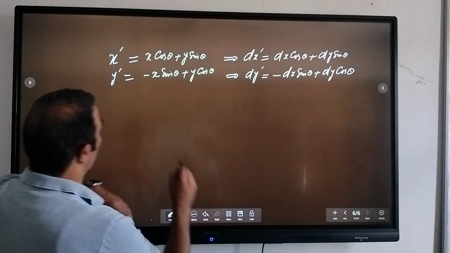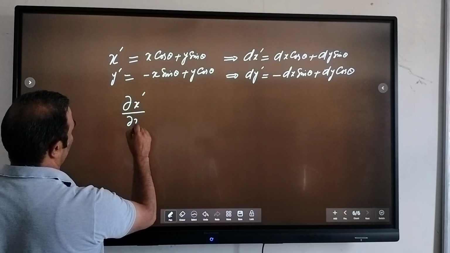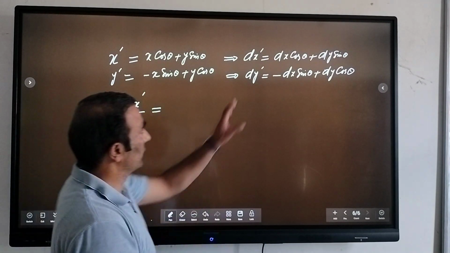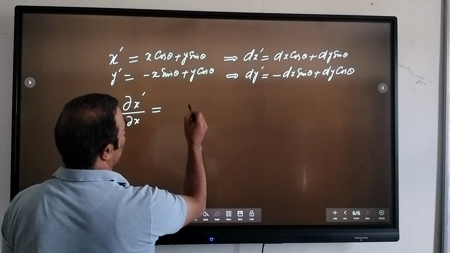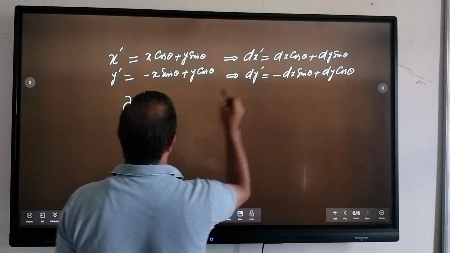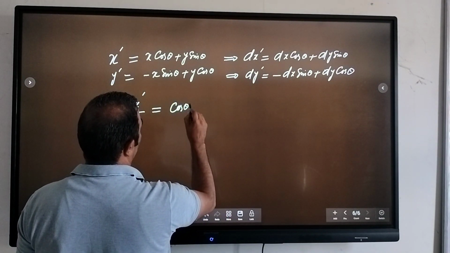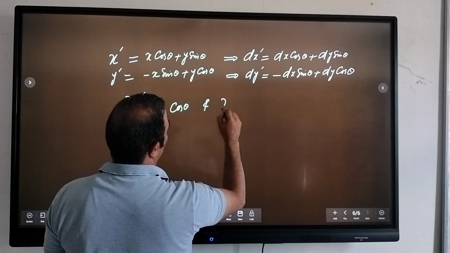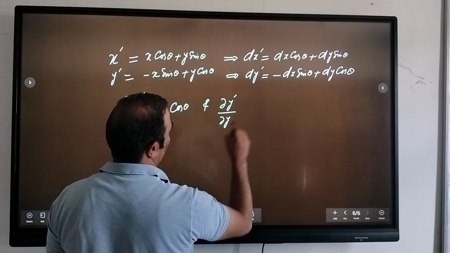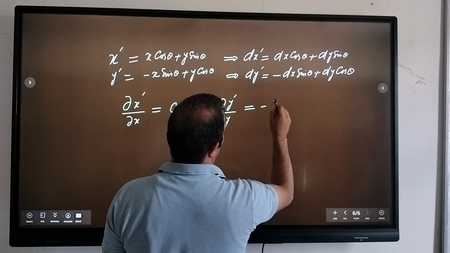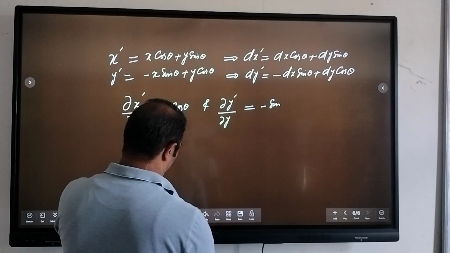So if I calculate now what is our partial x prime upon partial x, taking this differential partially with respect to x, because when you take its variation with respect to partial x, this term will be equal to 1. So we'll get here cos theta. And partial y prime by partial y, that's equal to plus cos theta, sorry.